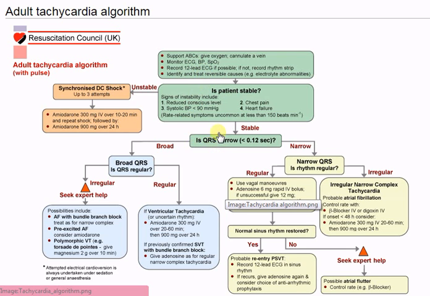If you look at the QRS complex, it is narrow, this means it's below 0.12 seconds.